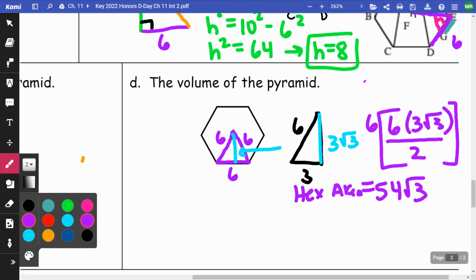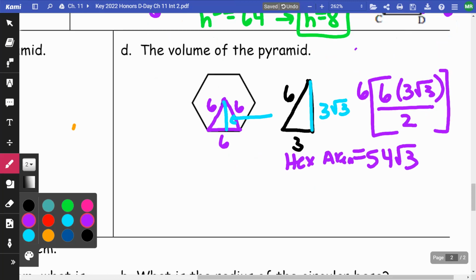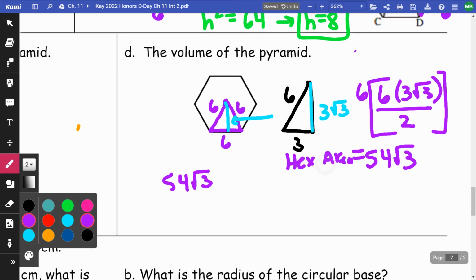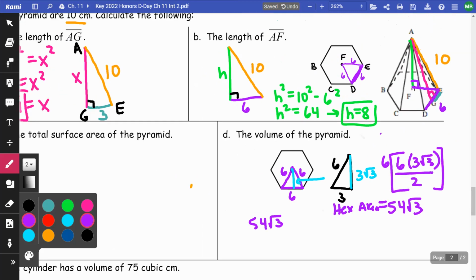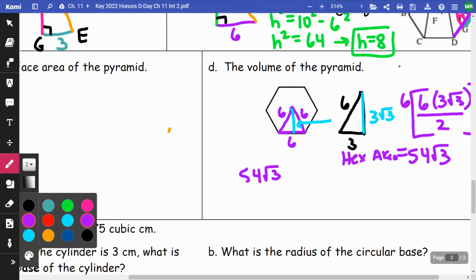Okay, that's what I get. That's my base area. So I'm going to take that hexagon area, 54√3, and multiply it by the height of the pyramid. The height of the pyramid was my green A to F, which was 8. So I'm going to times it by 8.